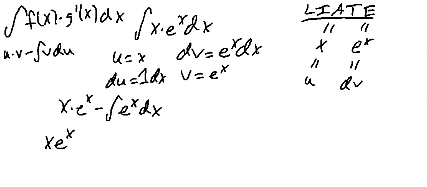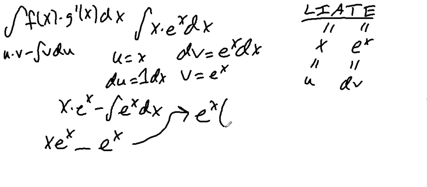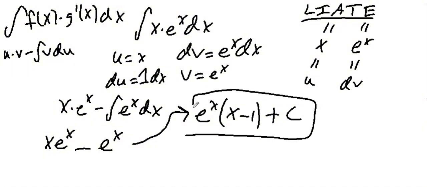We can simplify this to x e to the x minus e to the x because the integral of e to the x is just e to the x. We can factor out e to the x and get our answer of e to the x times x minus 1 plus c for this indefinite integral.